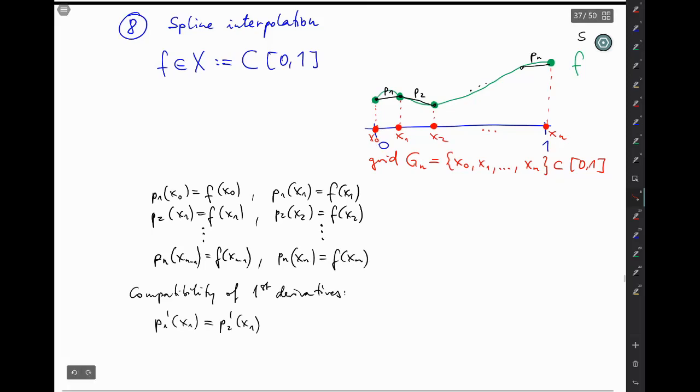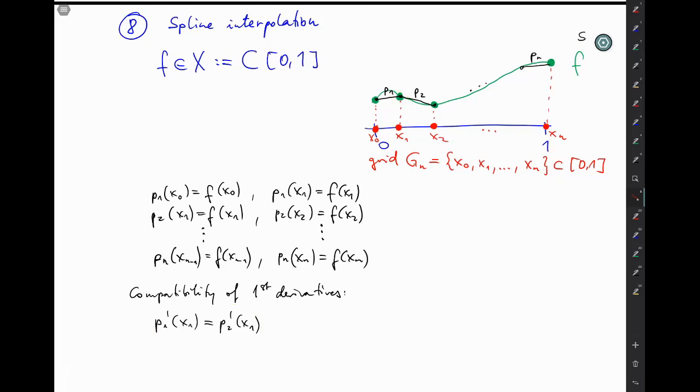So you give your polynomials P1, P2 and so on a somewhat higher degree, degree 2 or 3. And in addition, you assume that the first derivative of P1 and P2 coincide at the point where they meet, and therefore they have the same steepness here, and you get something that's a lot smoother, of course.